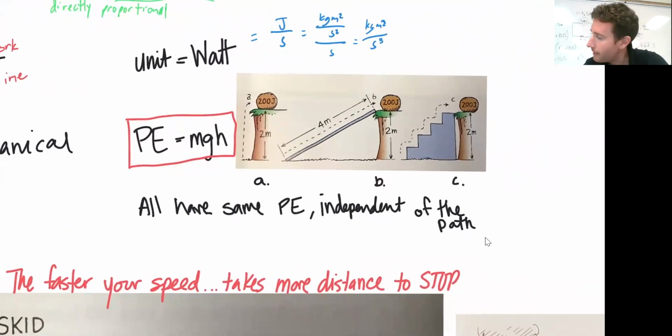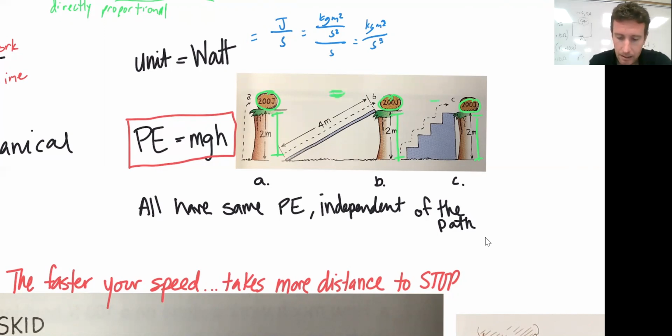There's a nice diagram on page 107 that shows 3 different diagrams. Each one involves the same boulder moving up the same 2-meter distance. So since I have the same height, the same mass of the boulder, and the same gravitational acceleration because we're all on the Earth, all 3 of these are equal to each other.